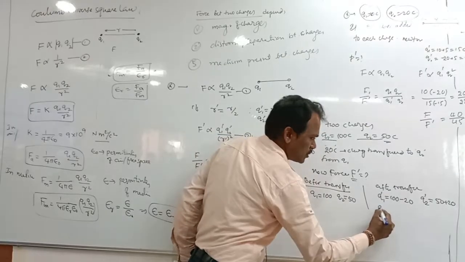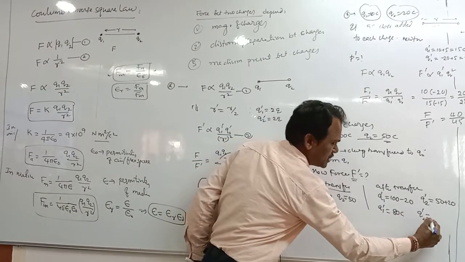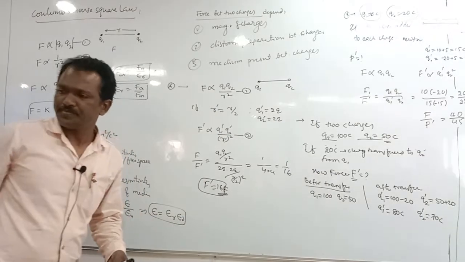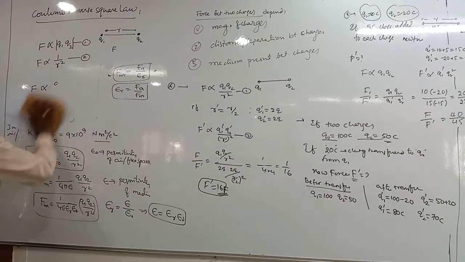So Q1 dash is 80 coulombs and Q2 dash is 70 coulombs. And then you write down their ratio.